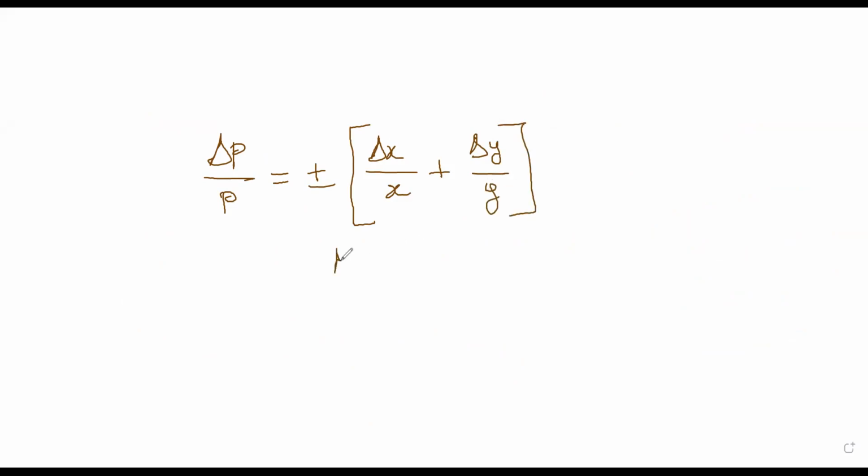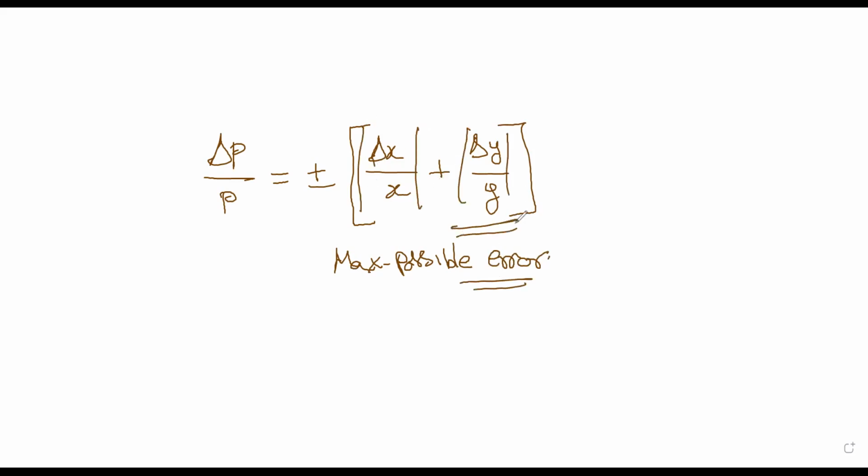Finally, you can say that the relative error in p, delta p by p, is equal to plus or minus the relative error in x plus the relative error in y. So this is the maximum possible error. Always we take the modulus here to get the maximum possible error.